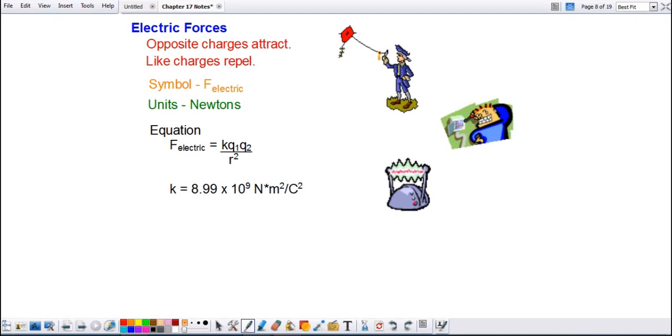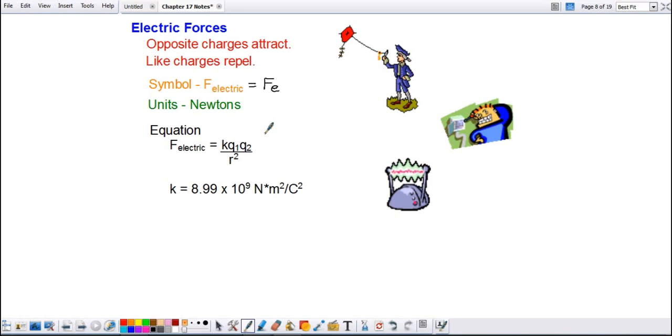And we call this force that causes the motion the electric force. We use the symbol F with the subscript electric, and we're going to abbreviate a little bit more with just an E for electric. The units are going to be newtons. Now, in order to get the units to be newtons in our equation, we need to use coulombs for the unit for charge.